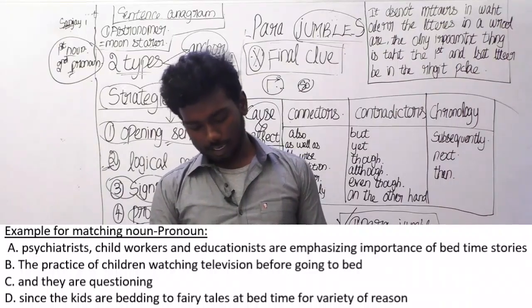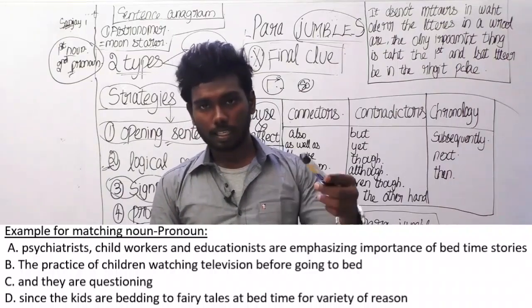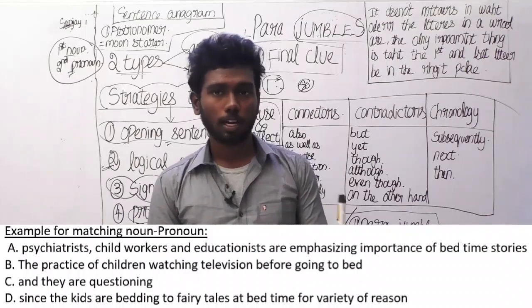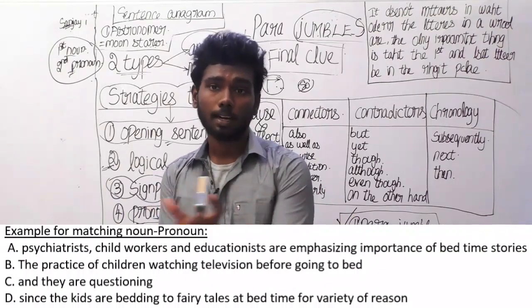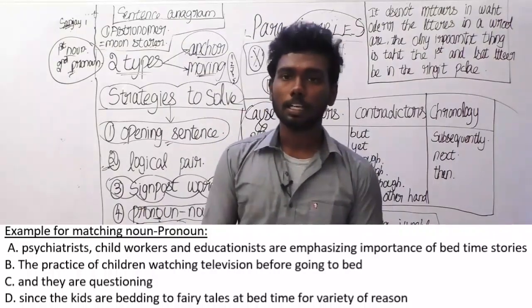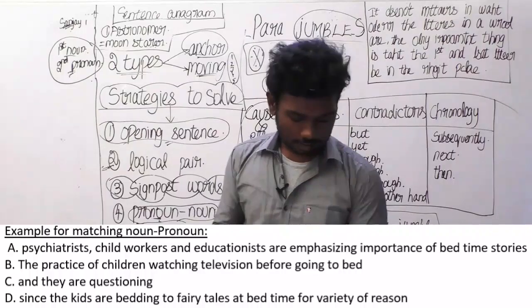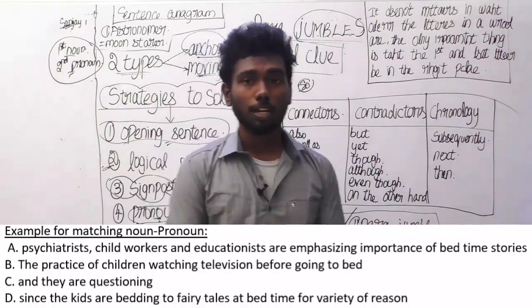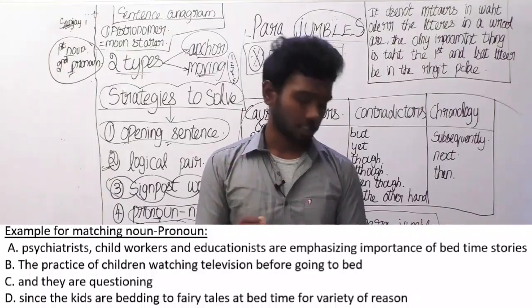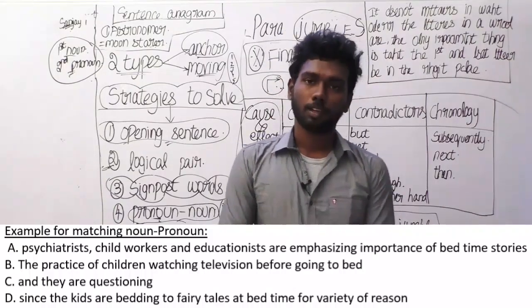There is, and they are questioning. In those four sentences, the first sentence only has three different job workers. So obviously those three, psychiatrists, child workers and educationists, are the noun here. So to avoid the repetition, a pronoun is used in the third sentence, and they are questioning.